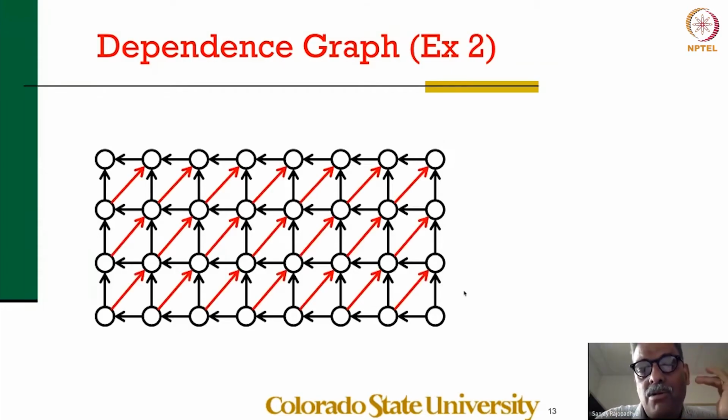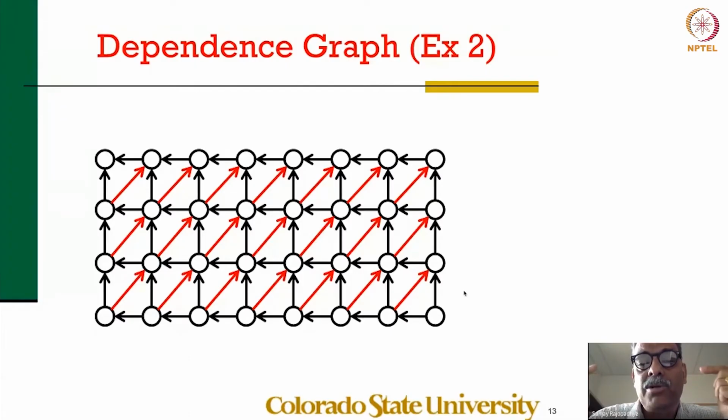Every iteration also depends on, I use the word depends on in quotes, its northeast neighbor. Why is that? Because the iteration IJ overwrites the memory location that was previously written by iteration I minus 1J, and the iteration I minus 1J plus 1 is a consumer of that value.